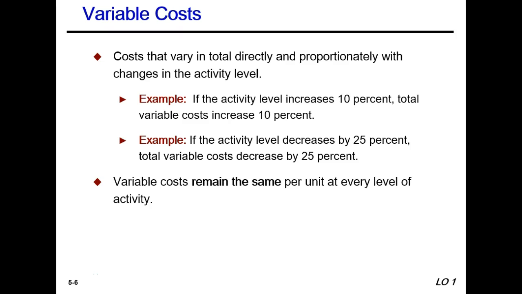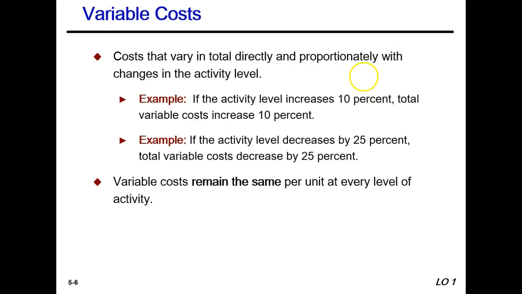Variable cost. Variable costs are going to be costs that vary in total directly and proportionately with changes in the activity level. If the activity level increases 10%, then the variable costs are going to increase 10%. If activity level decreases 25%, then the variable costs would decrease by 25%.